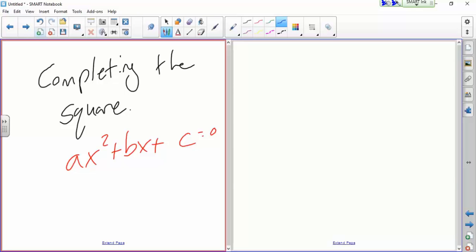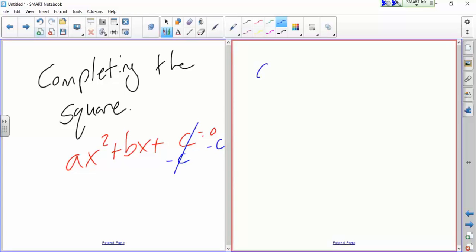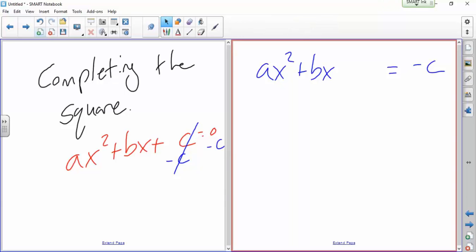Okay, so what we're going to be doing is creating a new c. We will be subtracting c, moving it to the other side. So my new equation will look like ax squared plus bx is equal to negative c. This is the formula. And then we're going to be creating a new c.